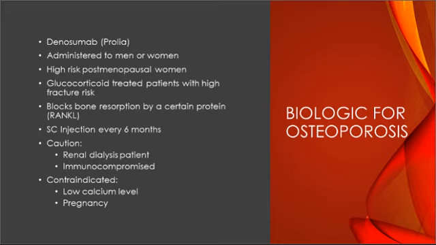The smaller, tinier, fragile-boned female is higher risk, and the further out from menopause, the less bone density they have, which puts more risk. This biologic can also be used in treating the patient with a high fracture risk due to glucocorticoid treatment, long-term steroids, prednisone.